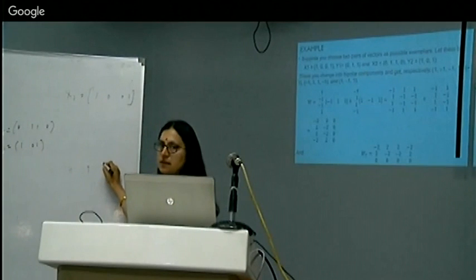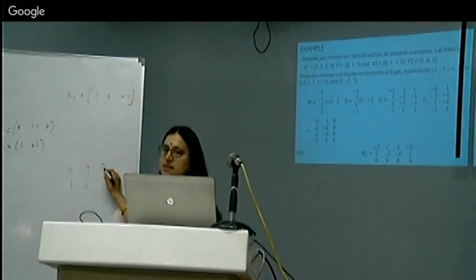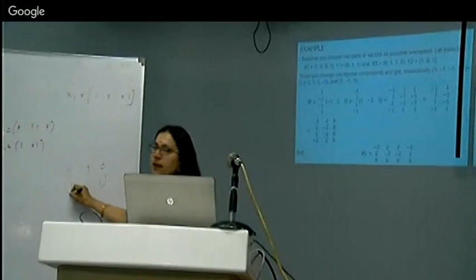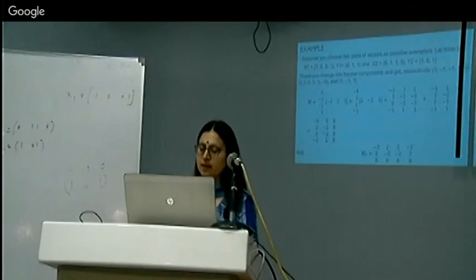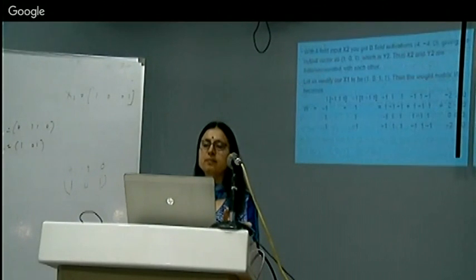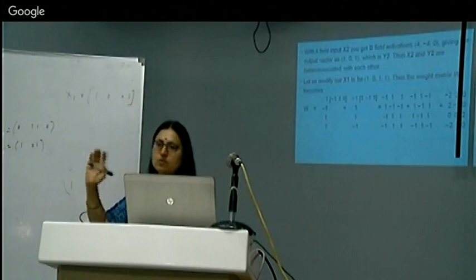So 4 will give us a 1, minus 4 will give us a 0. This is 0, so it will remain what it was, so it will remain 1. So y2 has been recalled. Similarly, if we apply y2 at the output layer, the input layer will recall x2. So both ways it will work.